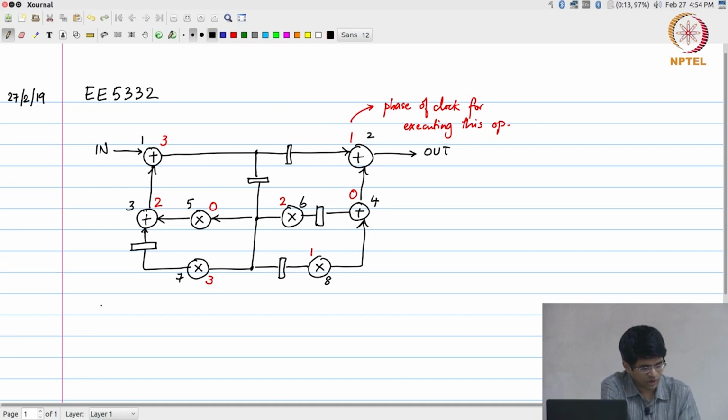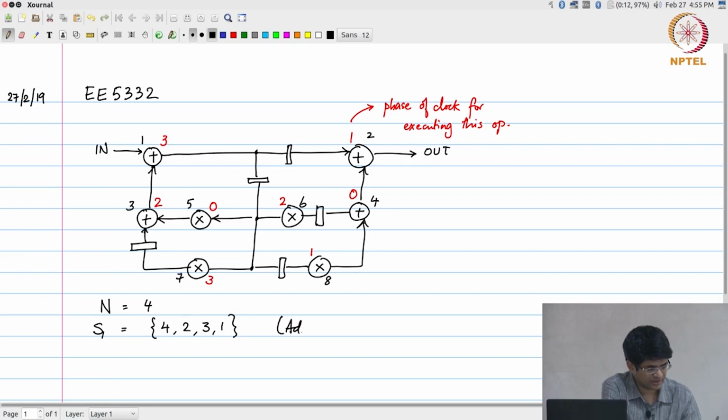So, what we have is N, the number of phases, is equal to 4. The folding sets themselves are S1 for the adder, which corresponds to operation number 4, then operation number 2, then operation number 3 and operation number 1.